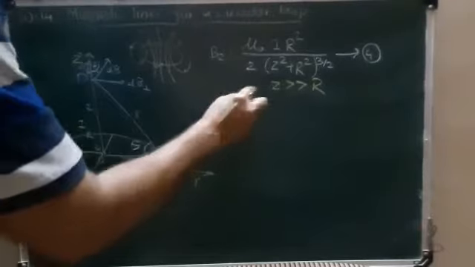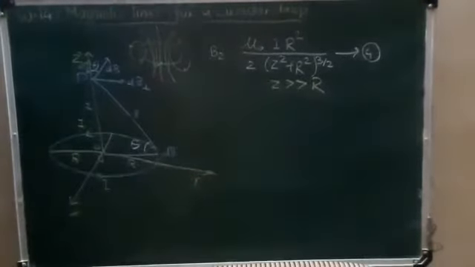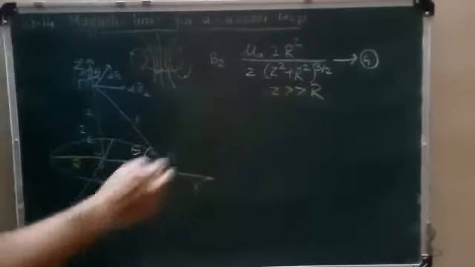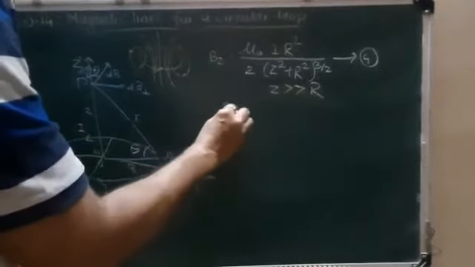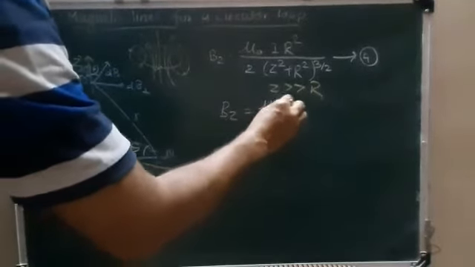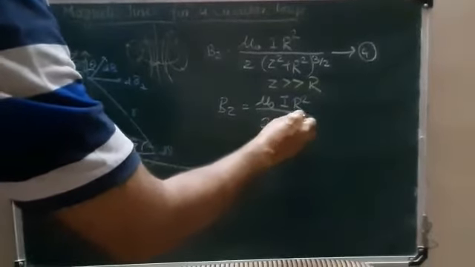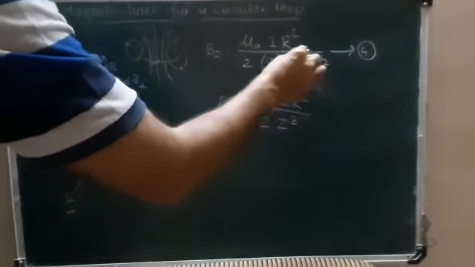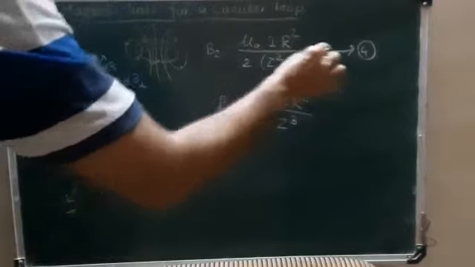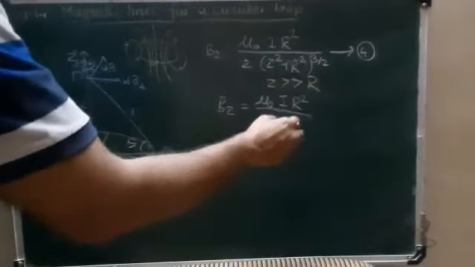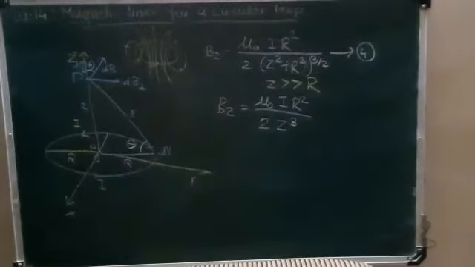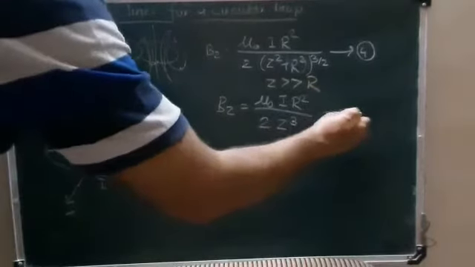We say this Z is very much greater than R, then we neglect this R. This corresponding equation becomes Bz is equal to mu 0 I r square upon 2 into Z cube. This becomes 0, and this square and square root get cancelled. It becomes Z cube. Call this equation number 6.